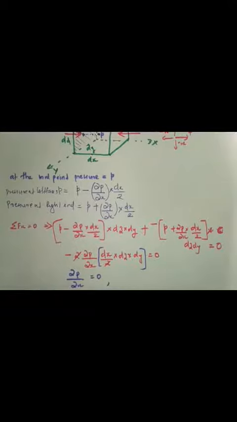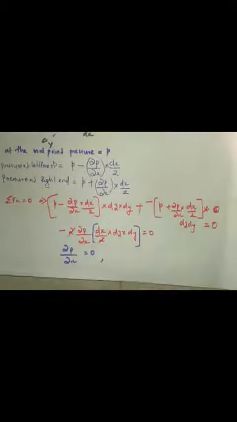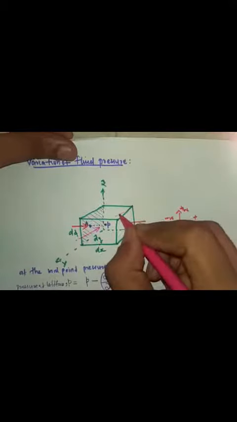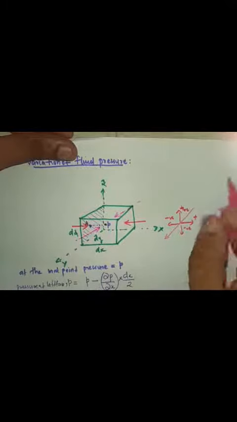Similarly, we consider the y direction, that is here. You can take this as the positive direction, this as the negative direction. Let us take it as a three-dimensional coordinate system.